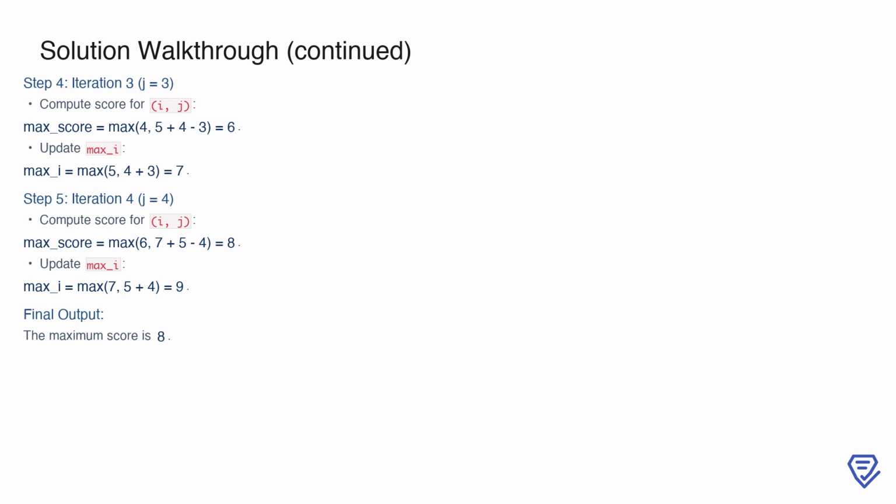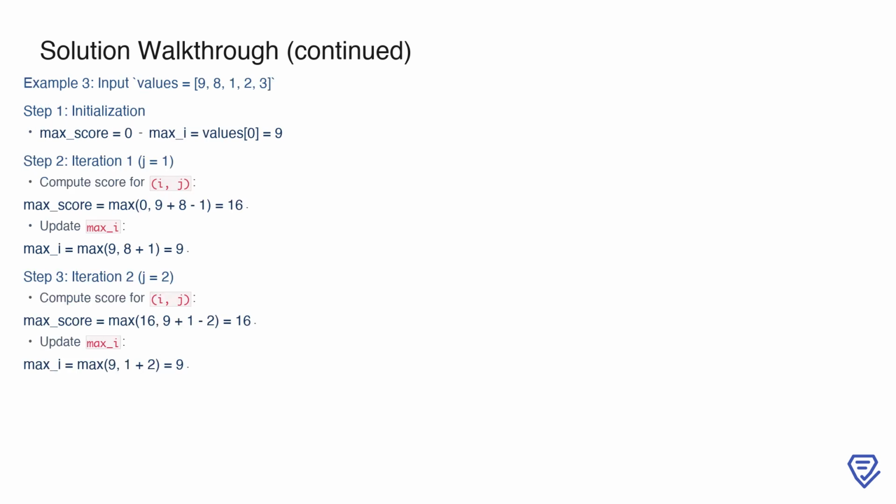Now in the fourth and final iteration, where j equals 4, we calculate the score as max_score = max(6, 7 + 5 - 4), which evaluates to 8. This updates max_score to 8, which becomes the final maximum score. Finally, we update max_i to max(7, 5 + 4), resulting in a new max_i value of 9. Thus, for this example, the maximum score is determined to be 8.